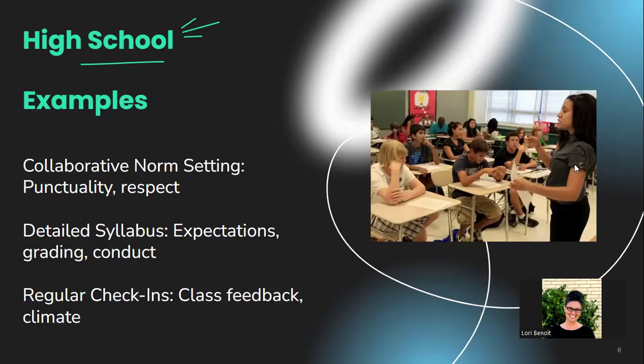And those sorts of conversations are things that high school students can participate in. And believe it or not, they actually can help reinforce the norms that maybe some of their peers are struggling with. Detailed expectations and reviewing them regularly with them for grading, for conduct are very important as well.